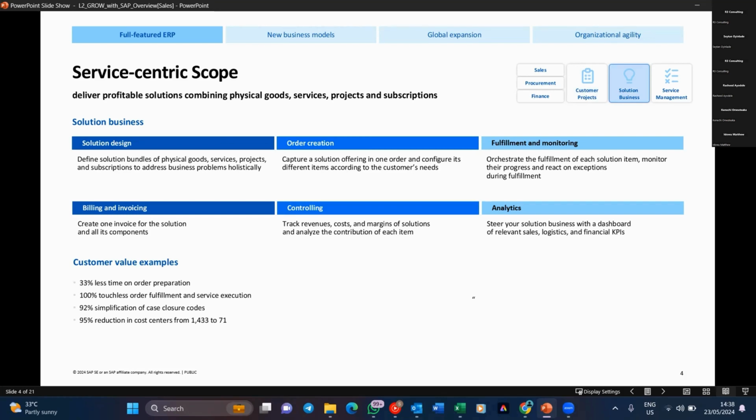So you want to capture your order creation, fulfillment and monitoring, billing and invoicing. Control is very, very important to track revenue, track costs, and margin the solution, and also analytics, right? So you don't have to integrate your analytics software to S/4HANA. It's called analytics.